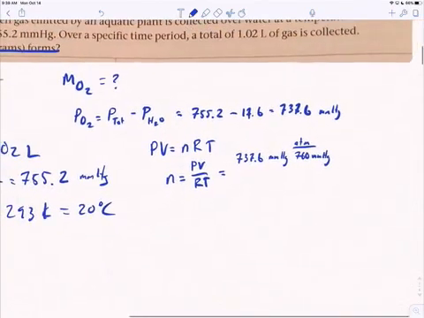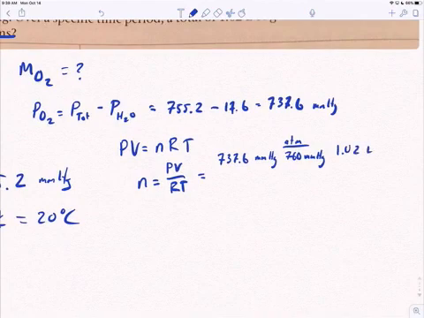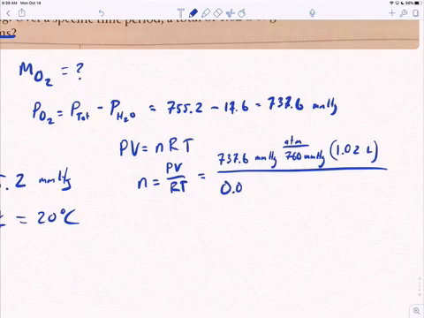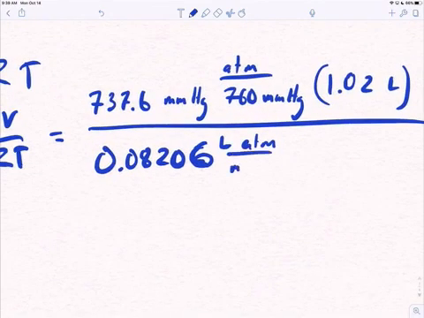Volume is 1.02 liters, all over R, 0.08206 liter atmosphere per mole Kelvin, and this is 293.